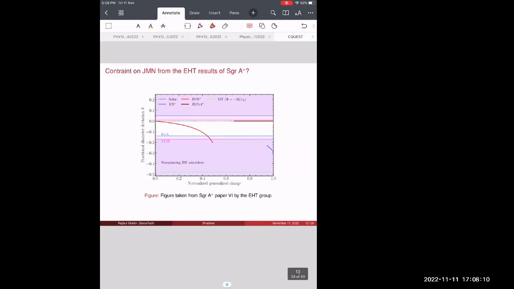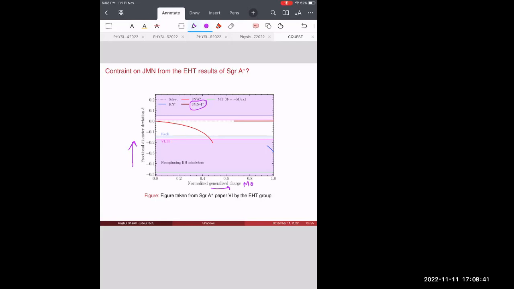In the recent Sagittarius A star paper, they have also provided constraints for this GMN model, and they have considered GMN1, meaning the first GMN which casts a shadow. As you have seen, this is the fractional deviation parameter delta. This is the deviation from the Schwarzschild shadow, and this is normally charged. For GMN, this is simply M0.